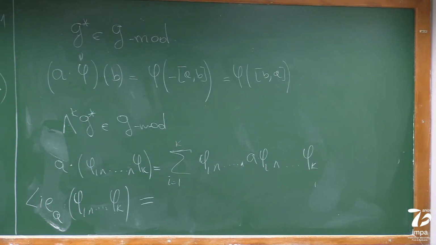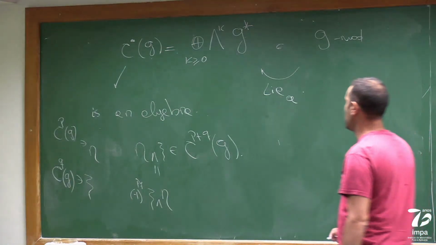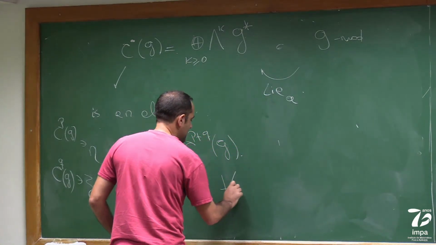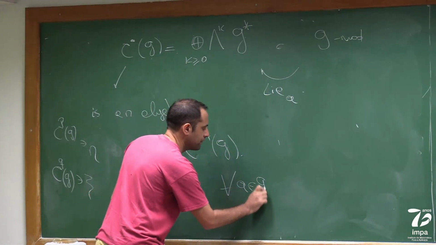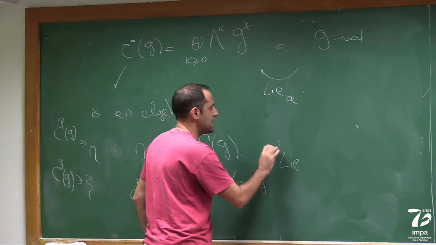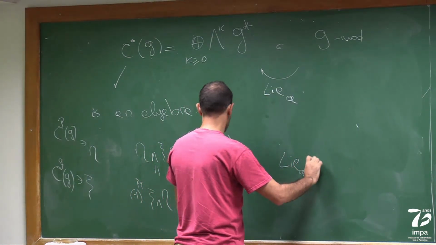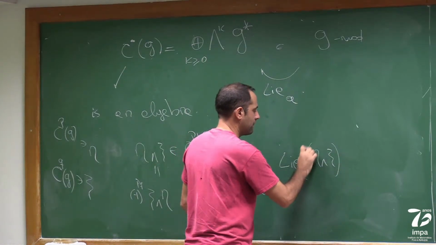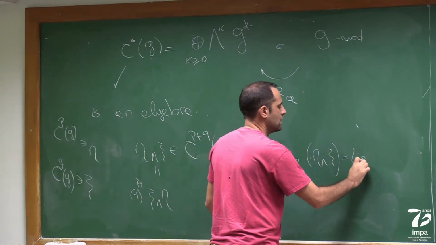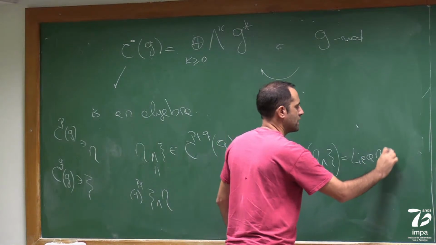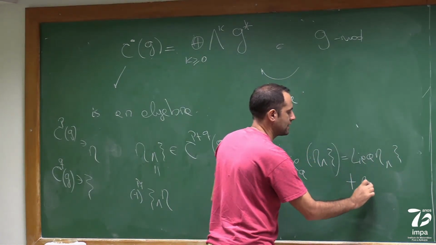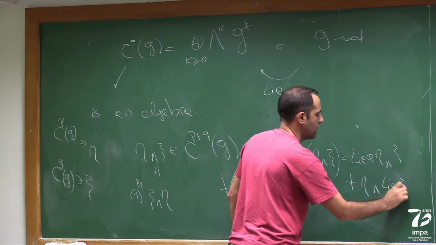You can check it immediately on generators, that for every element A in G, you have the Lie derivative of A, and that's why I'm calling it a derivative, on eta wedge zeta is equal to Lie A of eta wedge zeta plus eta wedge Lie A of zeta.